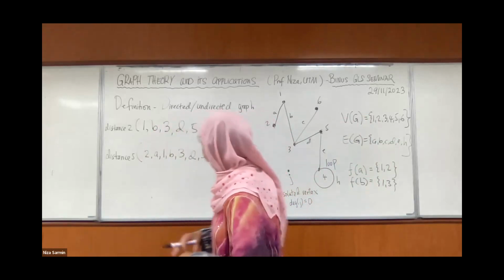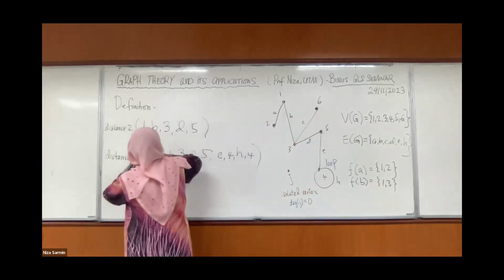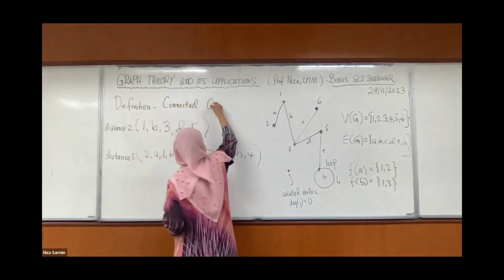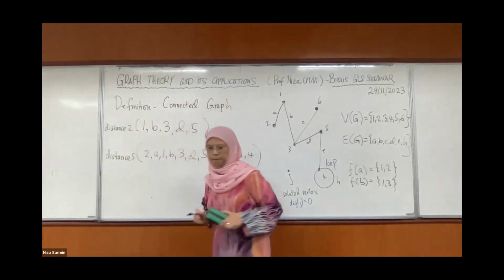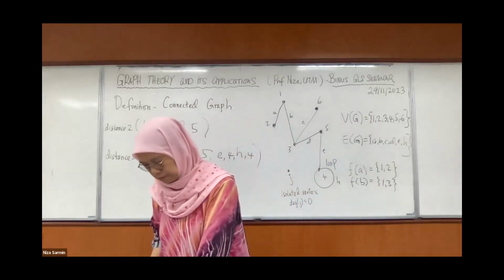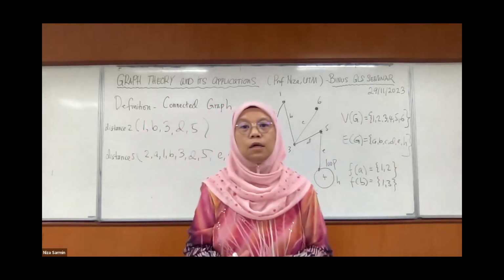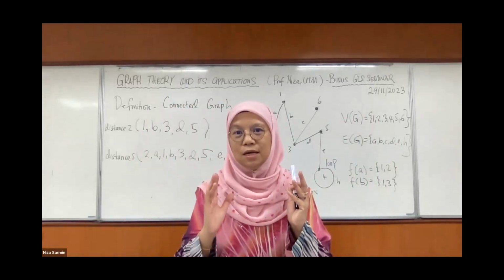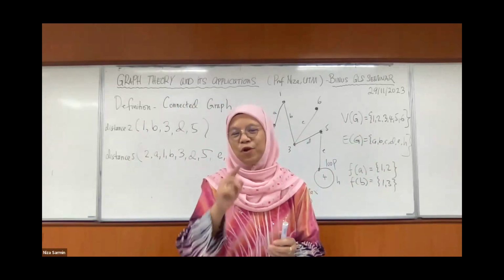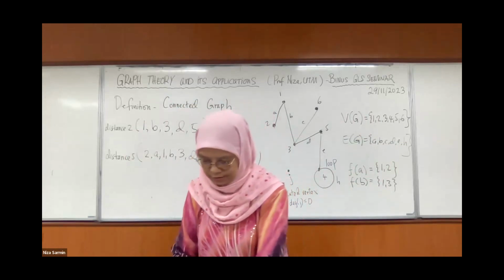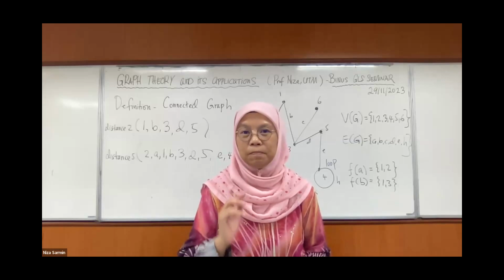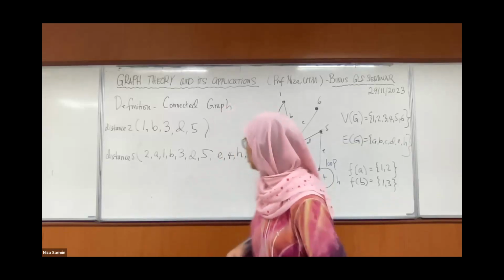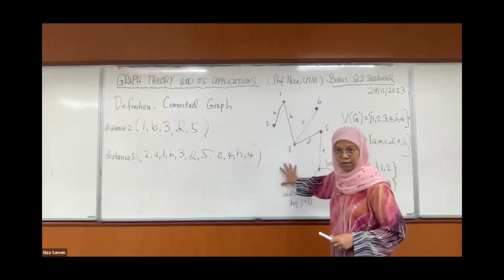Now, next is connected graph. A graph is called connected if there is a path from one vertex to another.